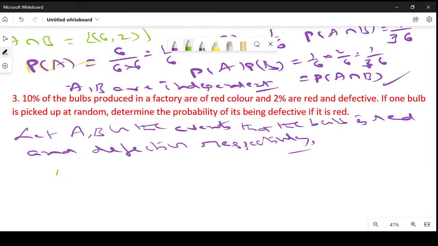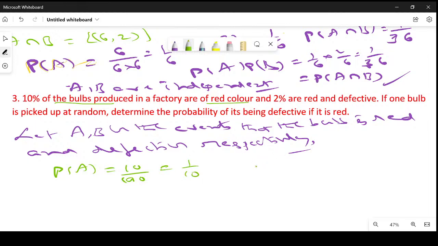So what is the probability of P of A? 10% of the bulbs produced in the factory are of red color, so the probability of selecting a red bulb is 10 by 100, that is 1 by 10.